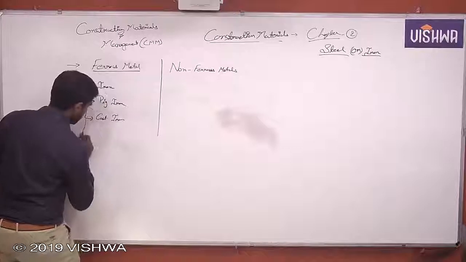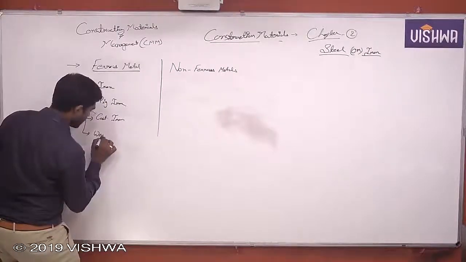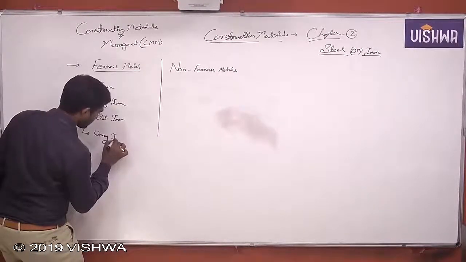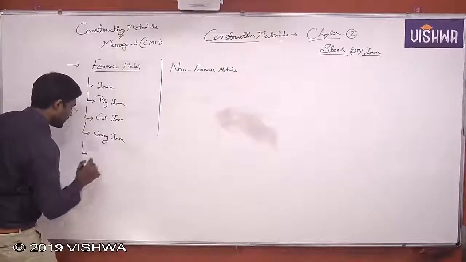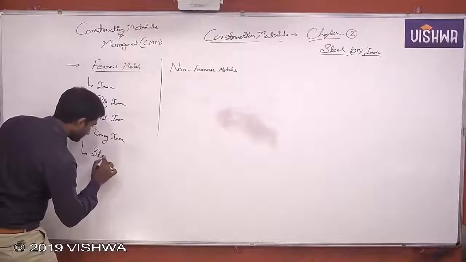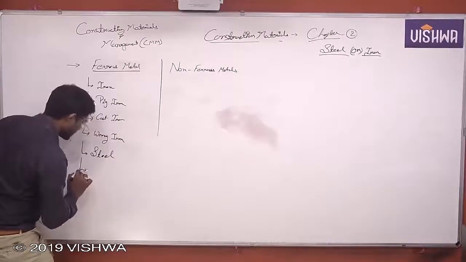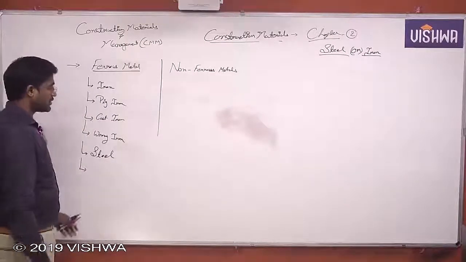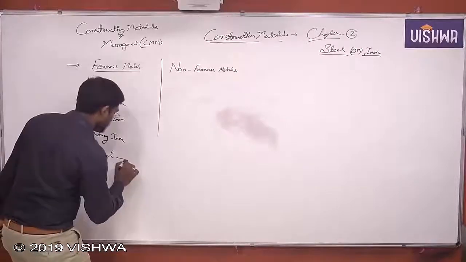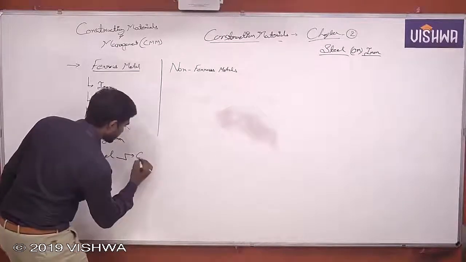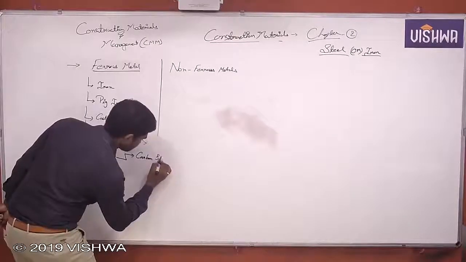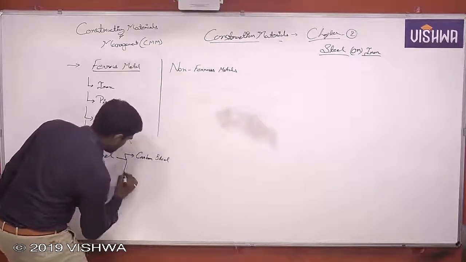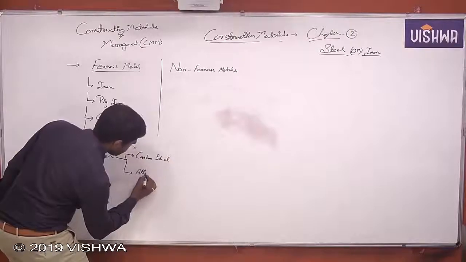Further formulations go to wrought iron, and further casting goes to steel. The further classification of steel has two different formations, like carbon steel and the next one, alloy steel.